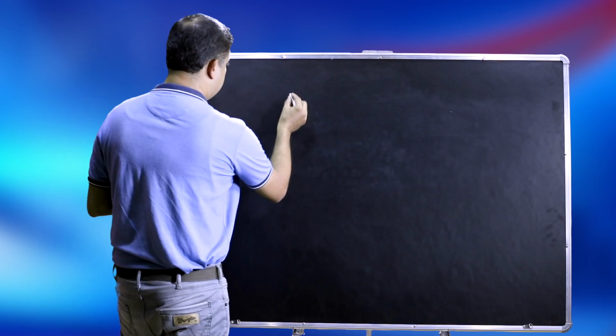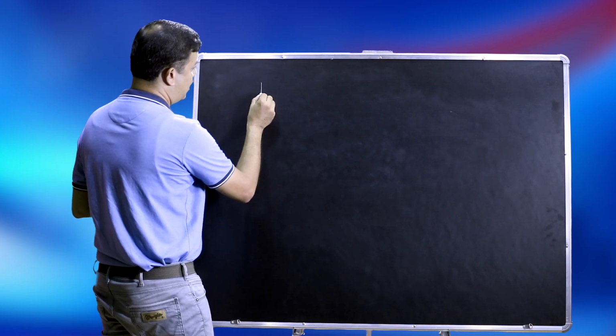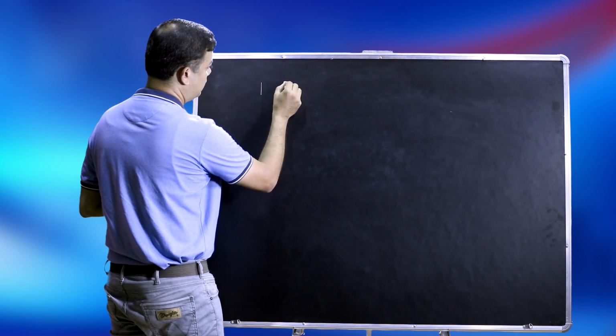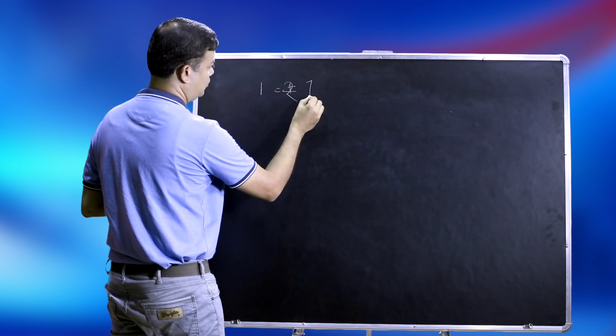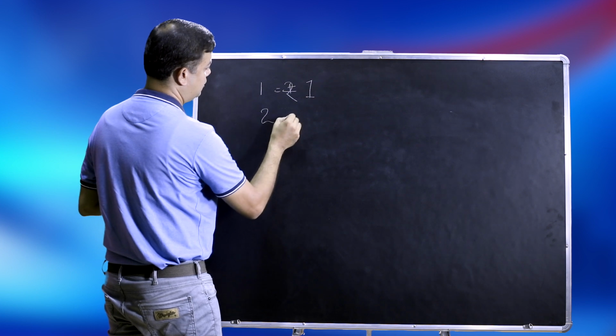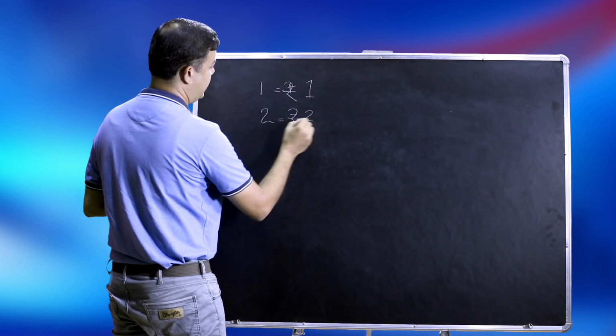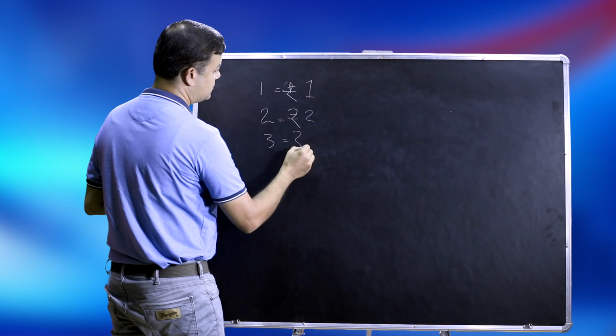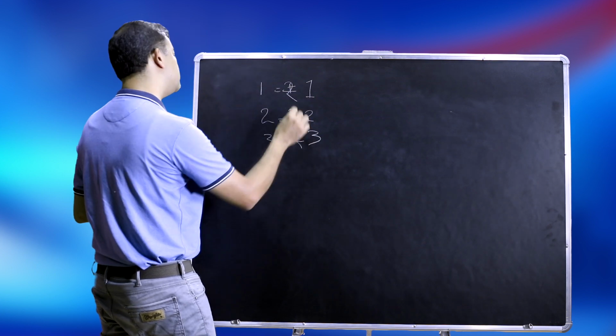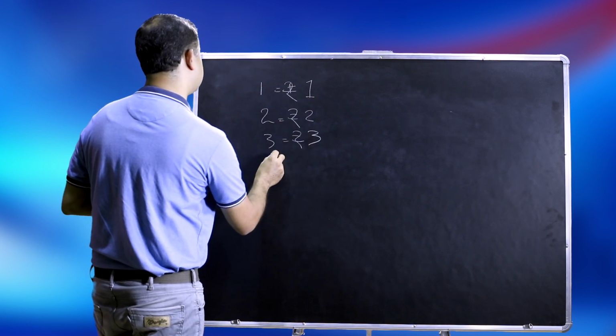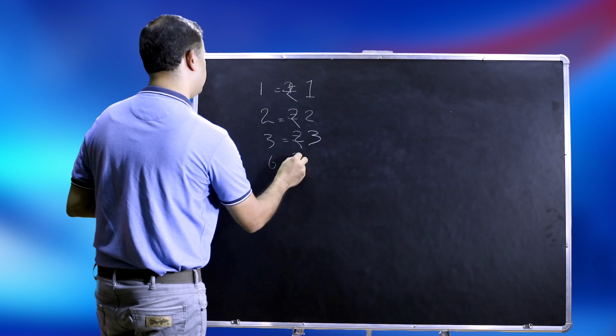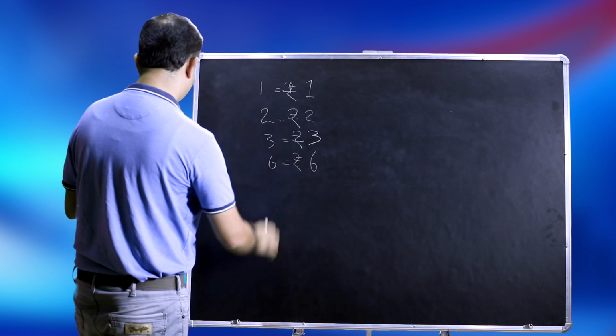So in this case, if you get 1, you are going to get rupees 1. If you get 2 on the dice, you will get rupees 2. 3, you are going to get rupees 3, and so on. If you are getting 6, you will get rupees 6. So how do you calculate?